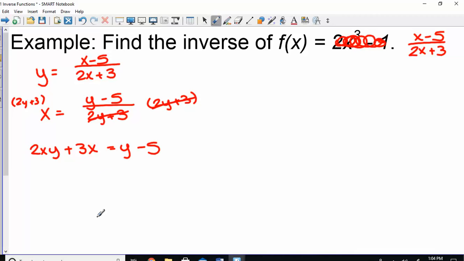We're trying to solve for y, and we have more than one y, so what do I need to do? Y is on the same side. Doesn't matter which side I bring them to. So I'm going to add over my 5 and subtract my 2xy.